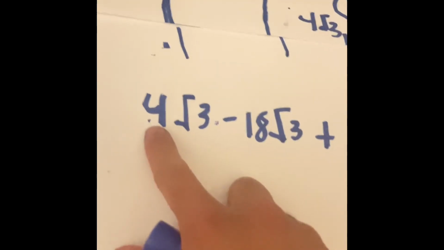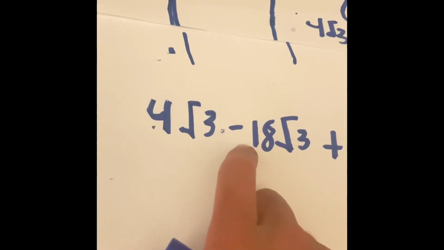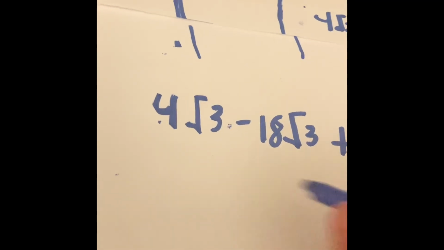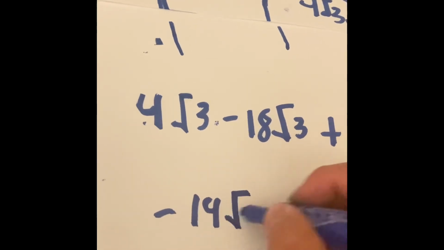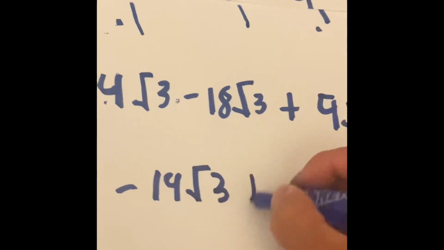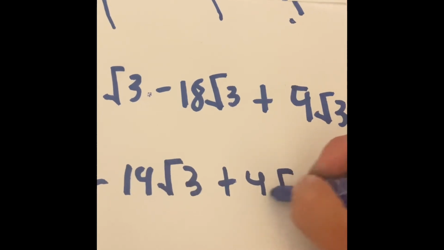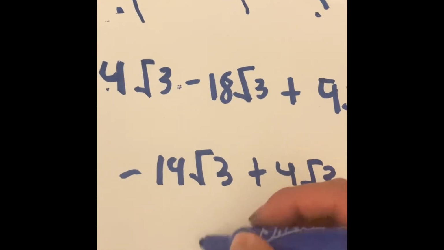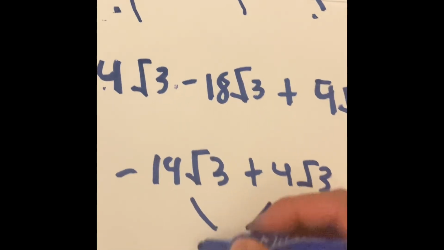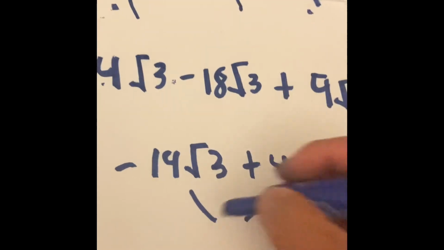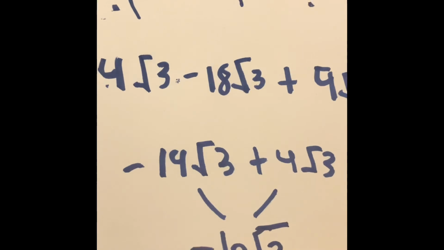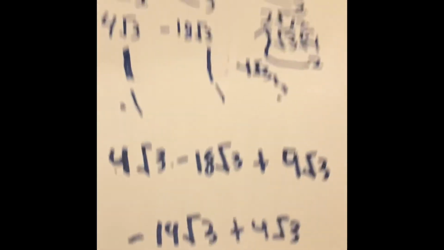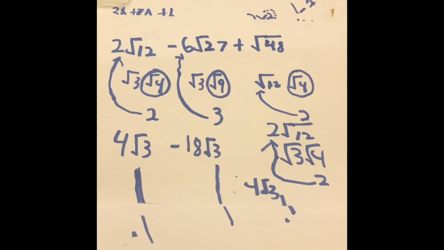So 4 plus negative 18, that is going to become negative 14 with square root of 3 plus 4 square root of 3. When we do that, we get our final answer as negative 10 the square root of 3. And that is how we solve the super challenging problem.